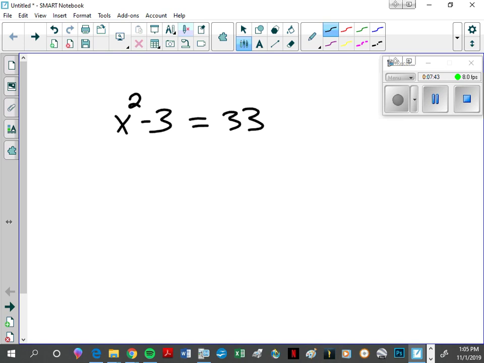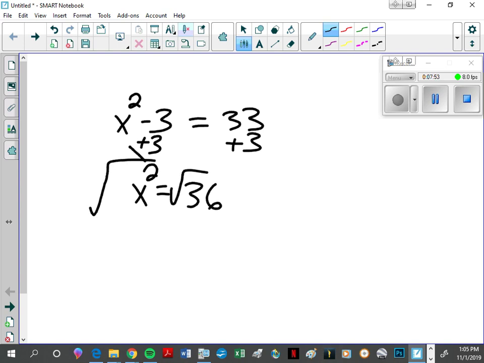So I add 3, and I get x squared is equal to 36. And then I take the square root. When the squared and the square root cancel, I need to remember that there's a plus or minus on the other side. And I get x is equal to plus or minus 6.